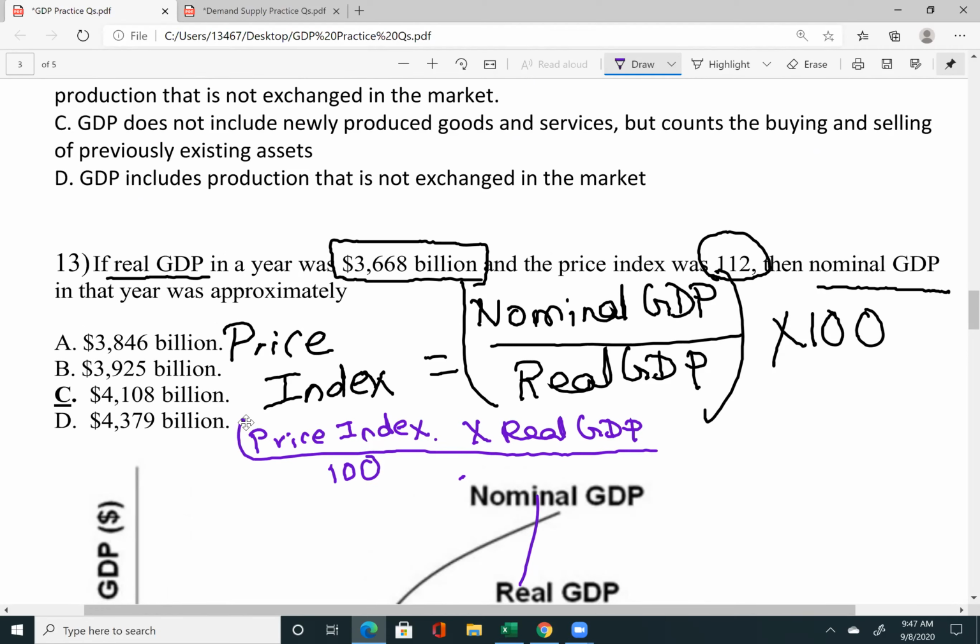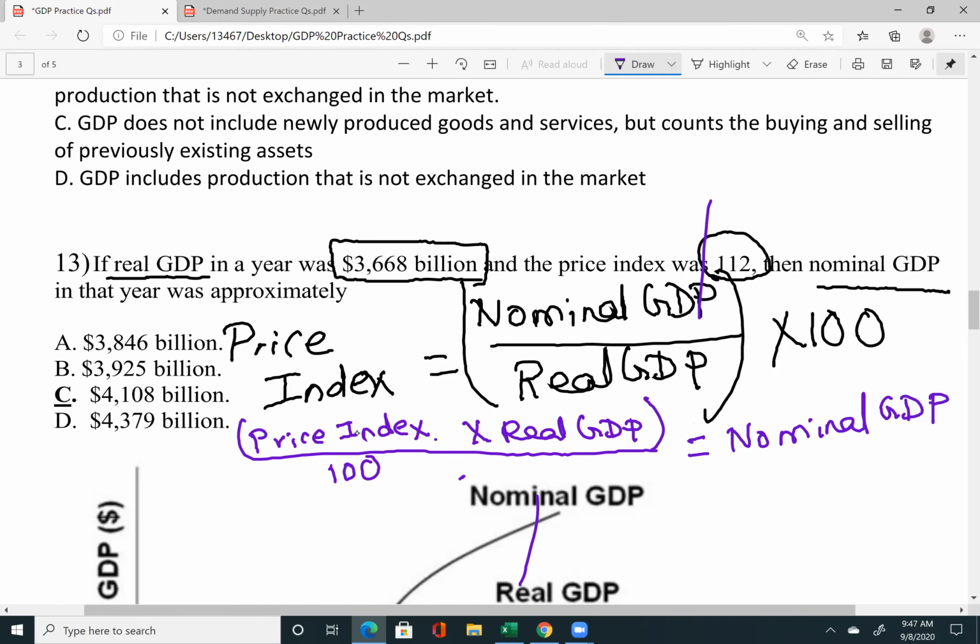This whole thing is equal to nominal GDP. Don't really worry about the formulas because you can use the formula sheet, but I would still recommend you practice these problems.